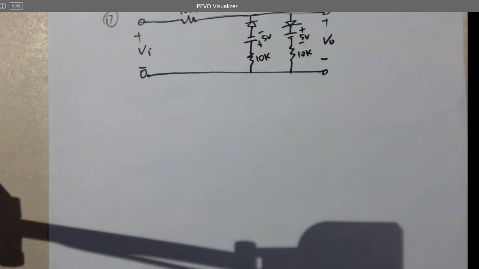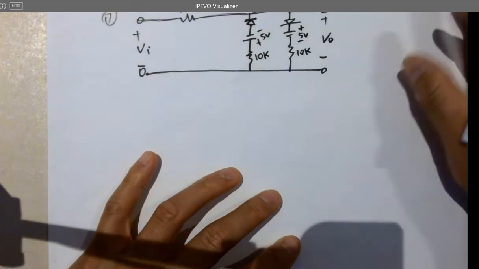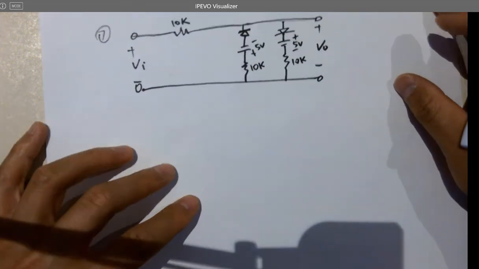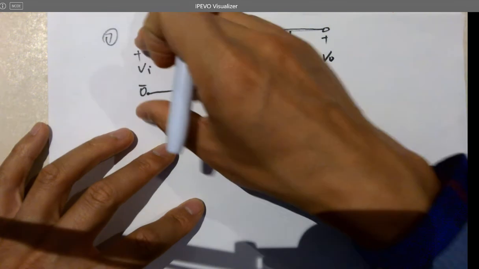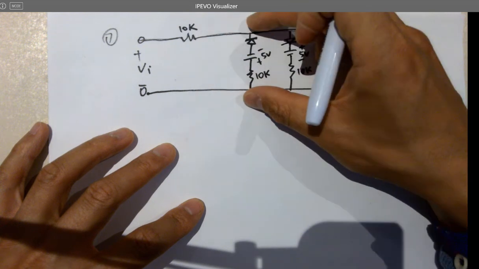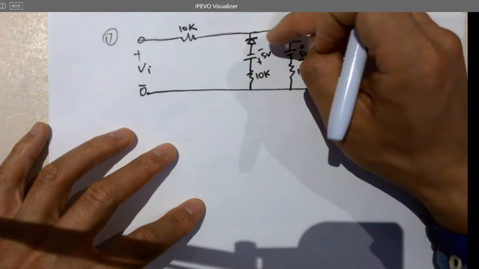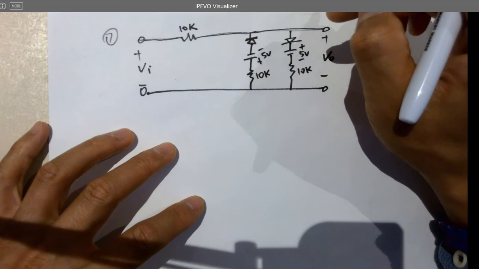There are some different conditions, right? If you look at the polarity of the diodes, no matter what, whenever you got a positive voltage here, no current is going to flow because of this diode.